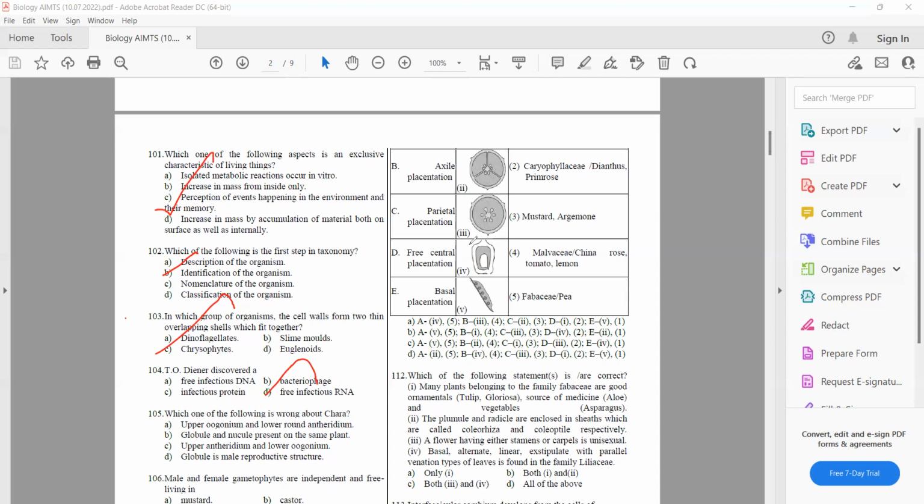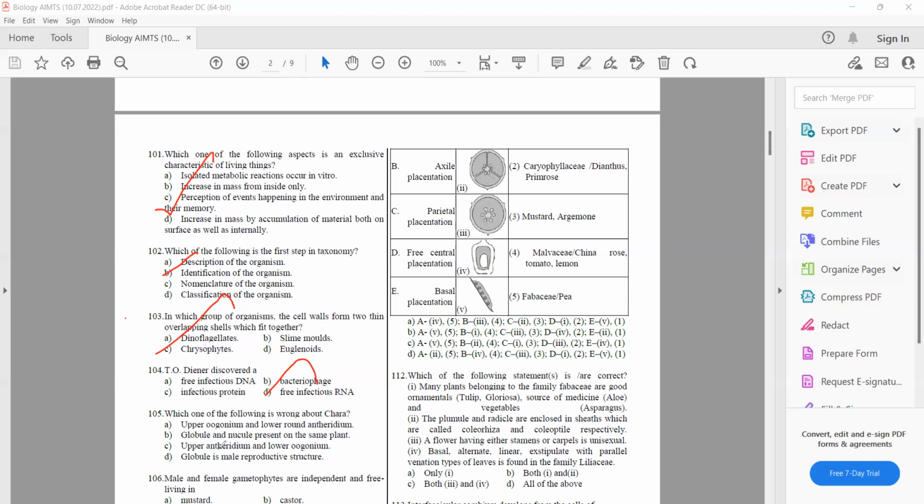For 105, which one of the following is wrong about Chara? In Chara, the upper part has the female reproductive part, right? Oogonium will be there. And in the lower region, antheridium will be there.